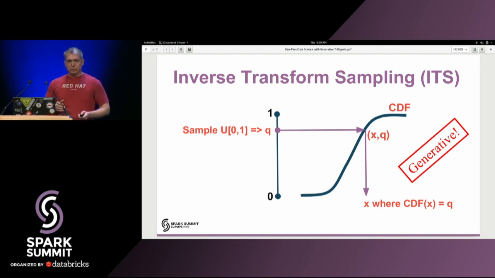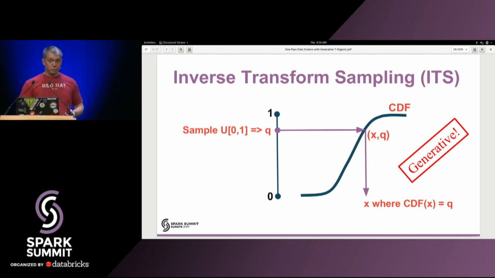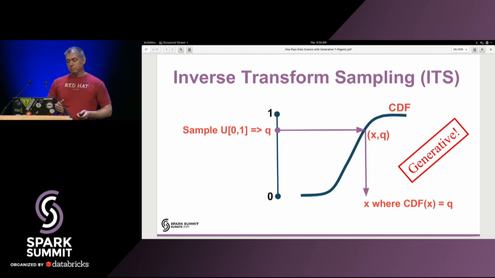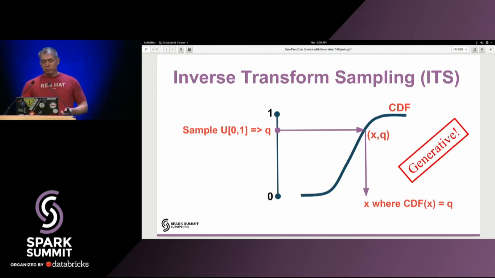Another trick you can do with these things, and this is the trick I'll be leveraging today, is what's called inverse transform sampling, which sounds fancy, but all it means is you generate a random number uniformly from 0 to 1, and you find a value x such that the CDF of x is equal to that number.